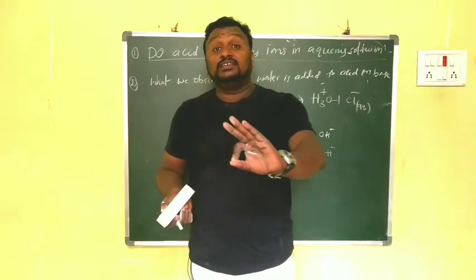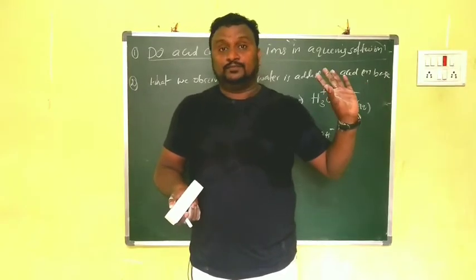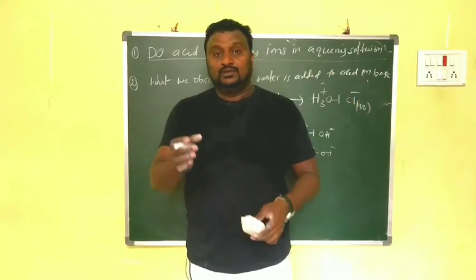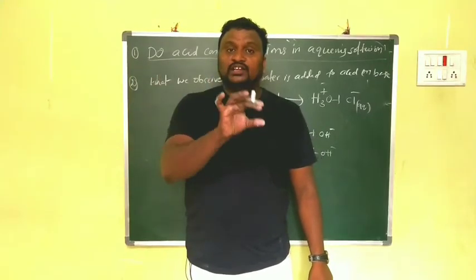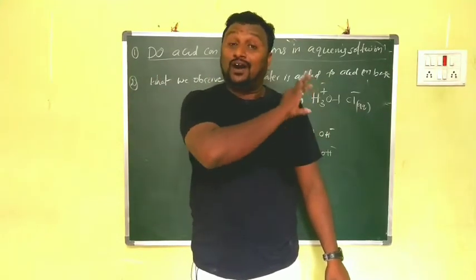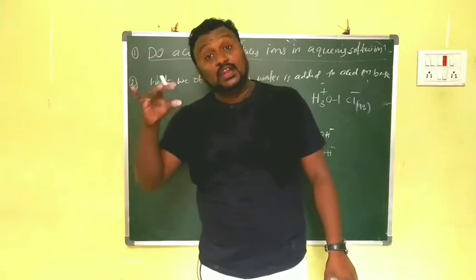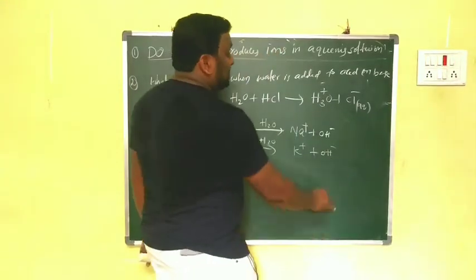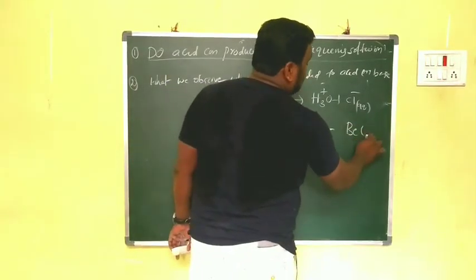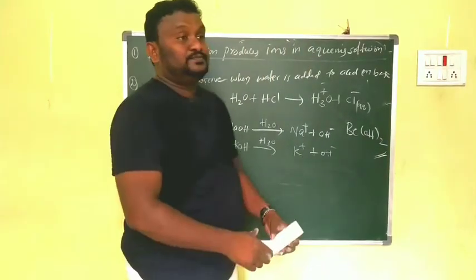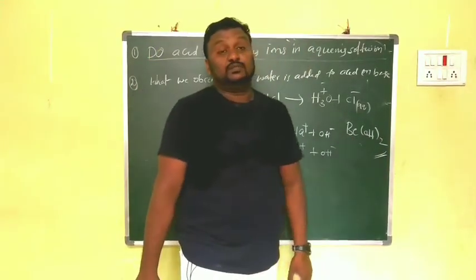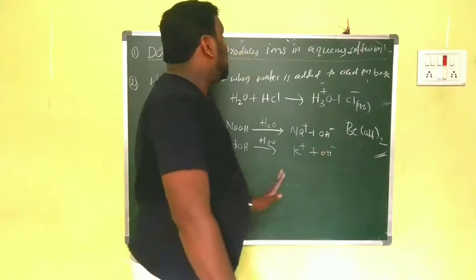But all bases are not dissolved in water. Observe the statement: bases which are dissolved in water should be called alkali, but all bases are not dissolved in water. For that, an example is beryllium hydroxide. It does not dissolve. So this is the first thing, children.